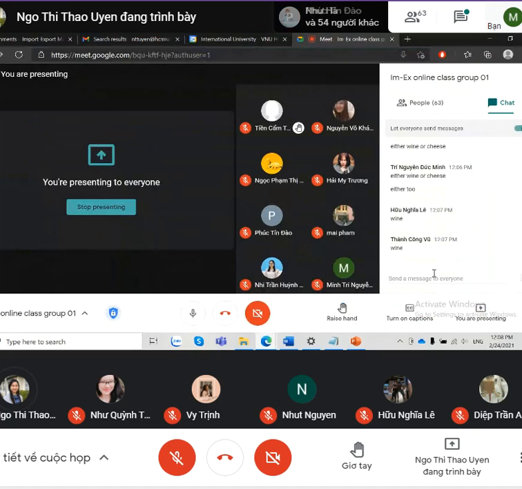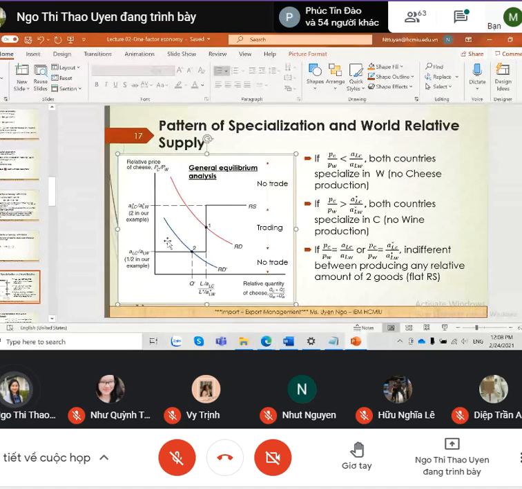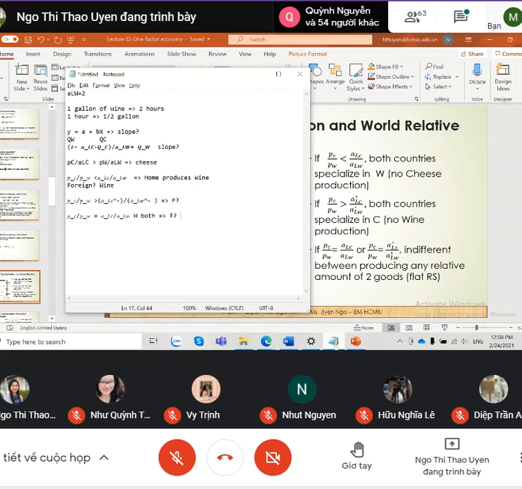Wine. Yes, wine, because it's smaller than the opportunity cost of wine in terms of cheese of foreign. It's here, it's smaller than that. So in that case, home produces both, but foreign produces only one.